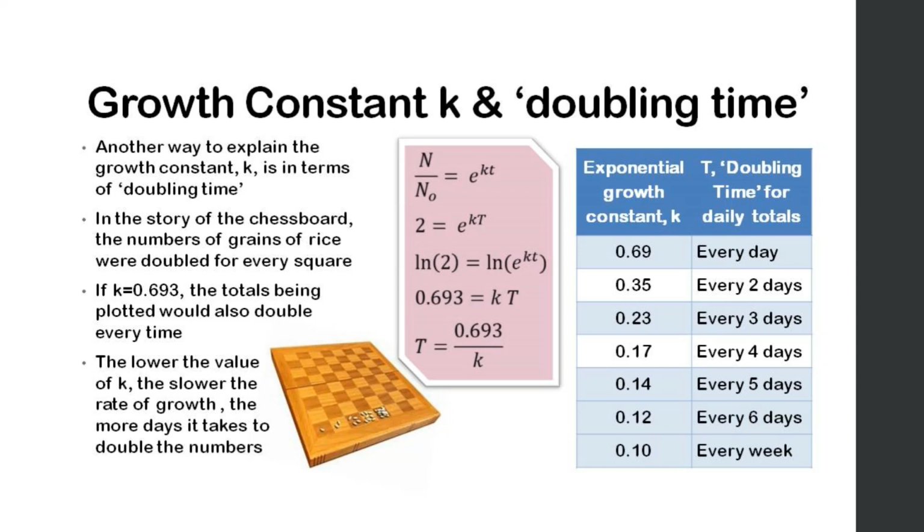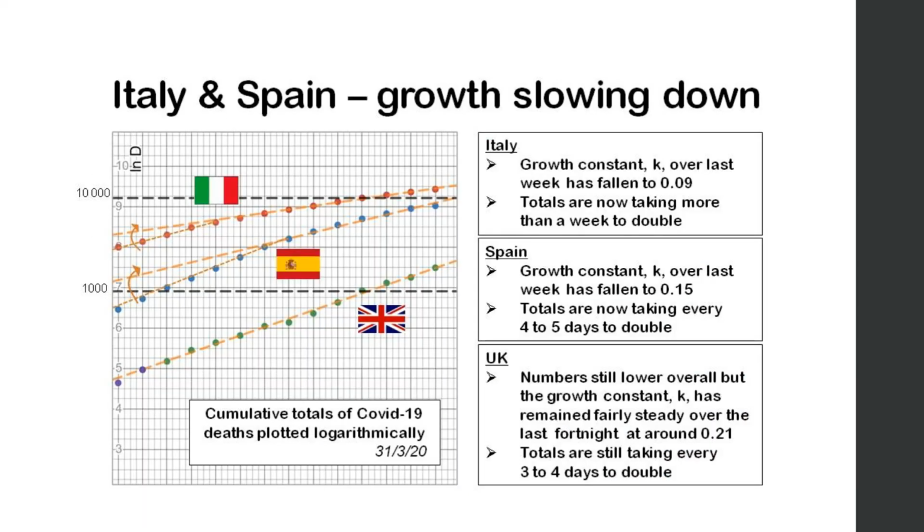What we need to do in the UK is to lower that constant further, perhaps down to 0.1, so then the doubling time will increase to about every week. Of course, that'll still mean the death totals are going up, so we need to drive the growth constant down further, so that we start to reach a stage where death totals are hardly increasing at all.